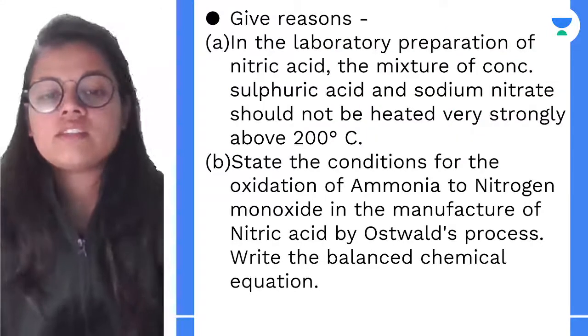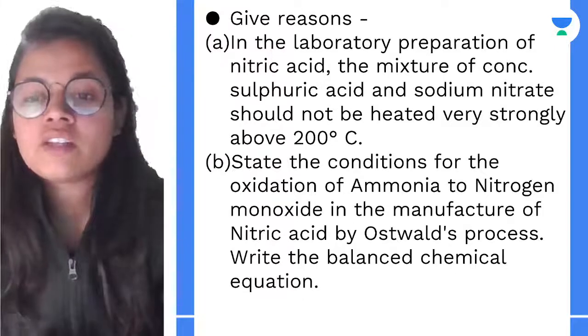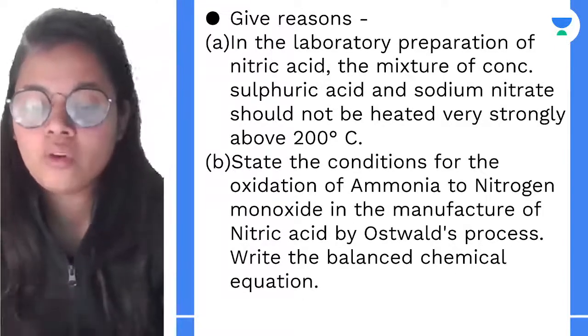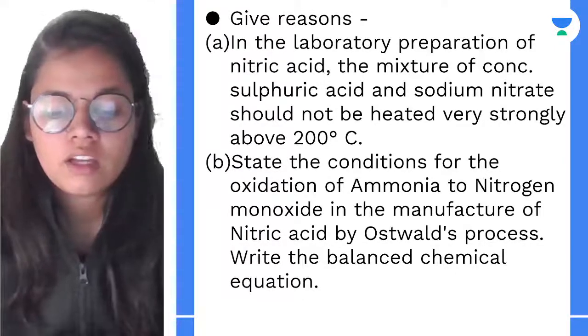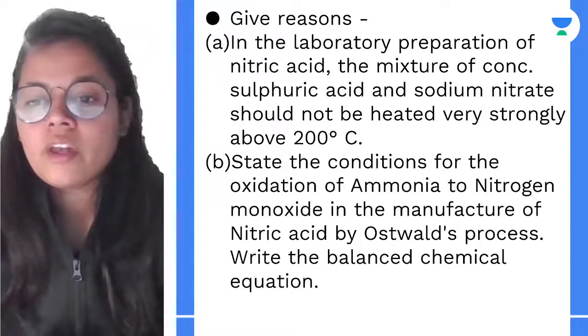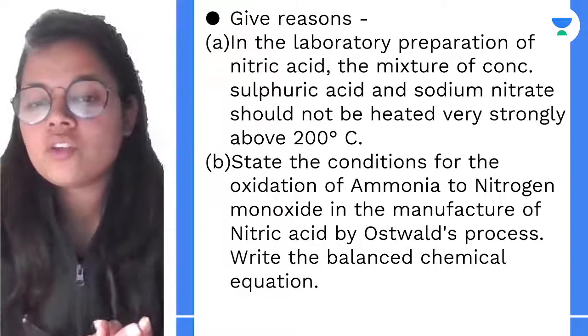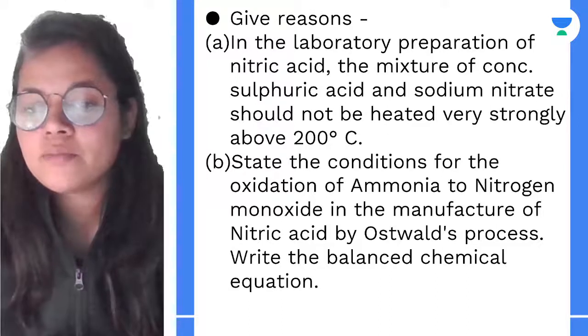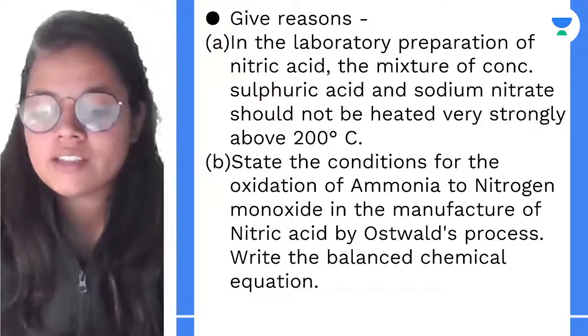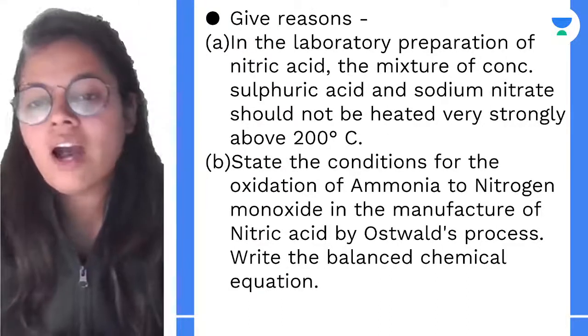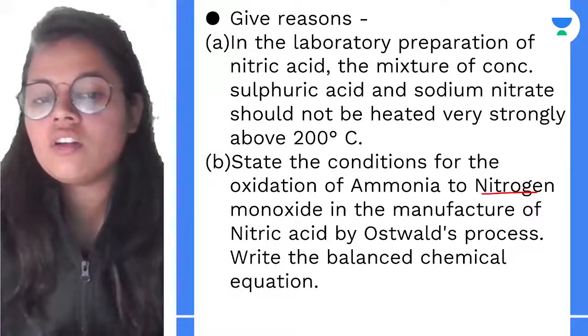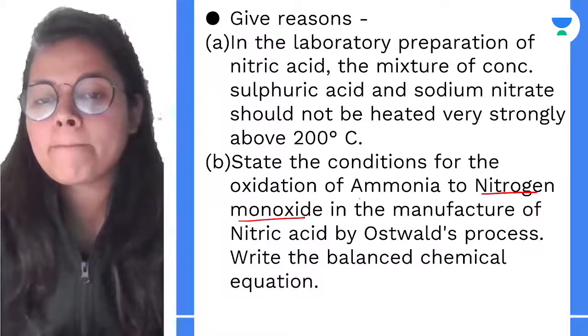Yes. Next is: state the condition for oxidation of ammonia to nitrogen monoxide in the manufacture of nitric acid by Ostwald's process and write the balanced chemical equation. So how is nitrogen monoxide formed from ammonia?